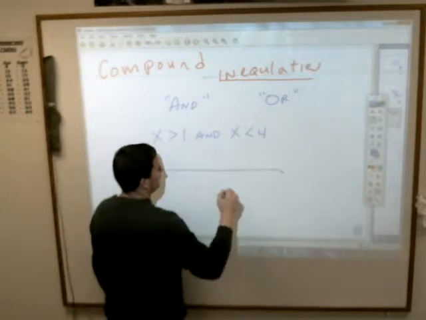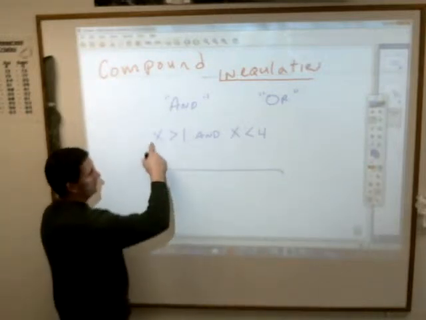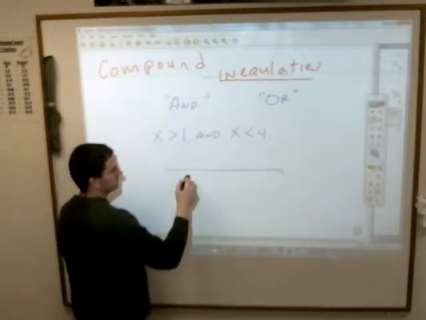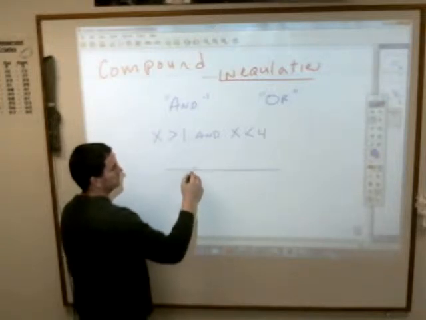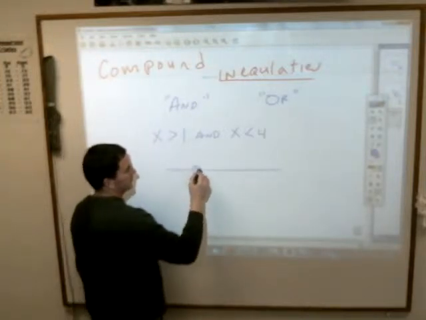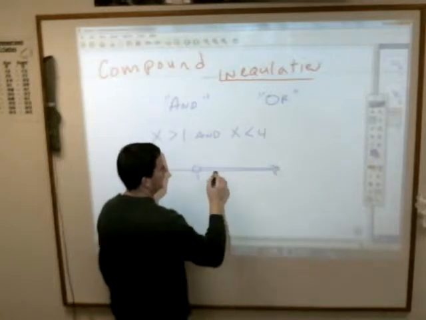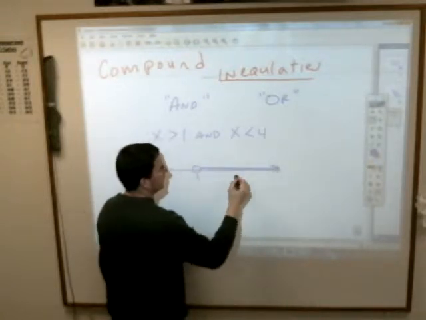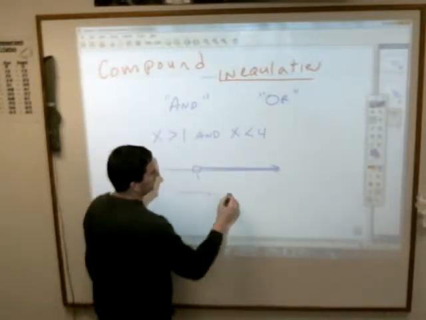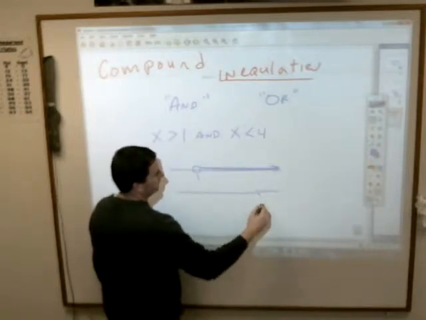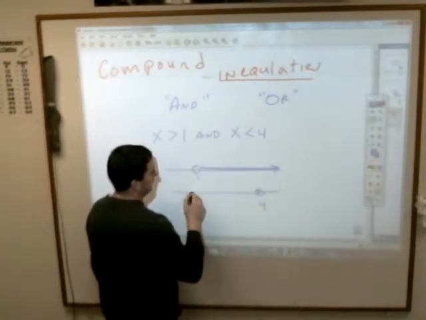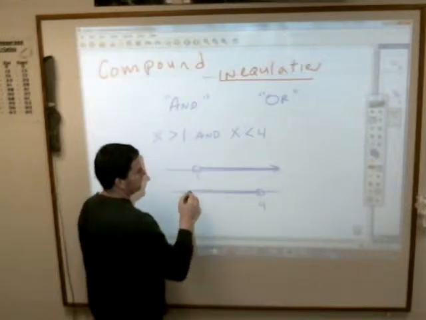When X is greater than 1, you've got this. Here's 1. It's an open circle. X is greater than, going this way. Correct? When you have X is less than 4, I'm going to draw another line here. Here's 4, open circle, and the line goes this way.